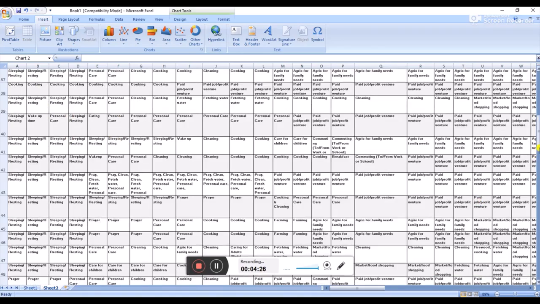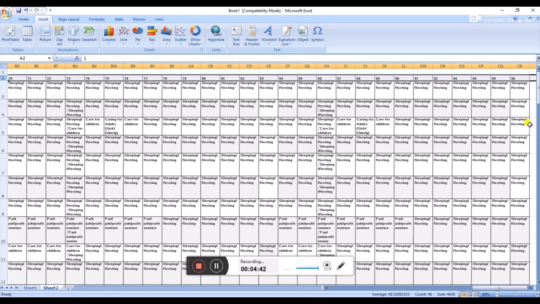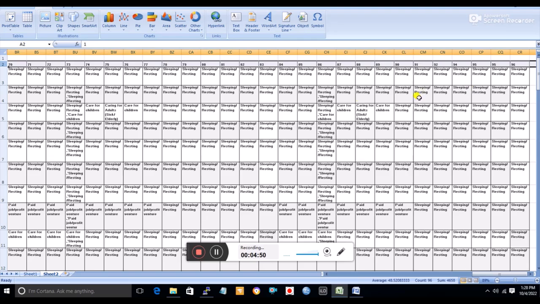The essence was to find out what they do from morning till the time they are sleeping, at every 15 minutes interval. Under the column heading, I specified 1 to 96. So 1 to 96 at 15 minutes interval will give you 24 hours in a day.